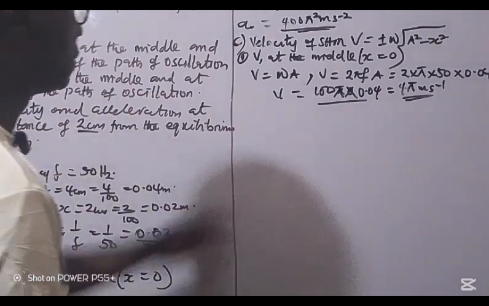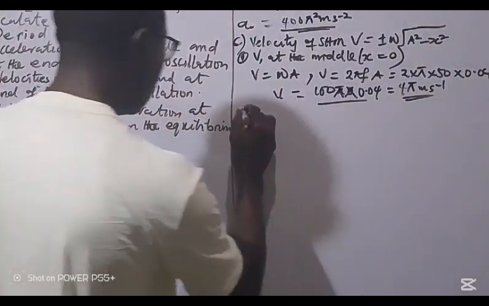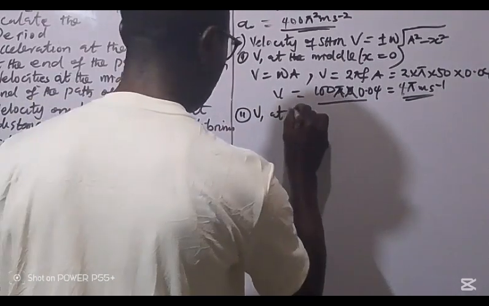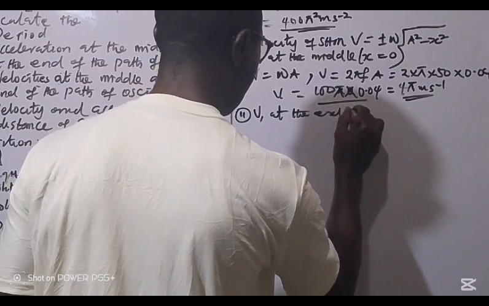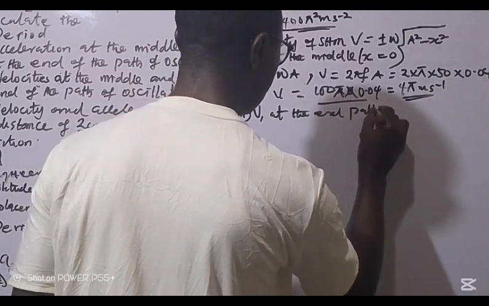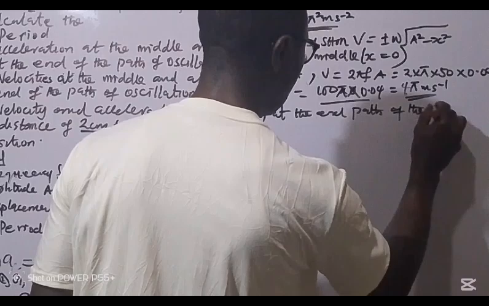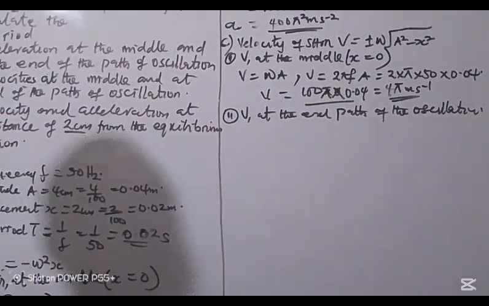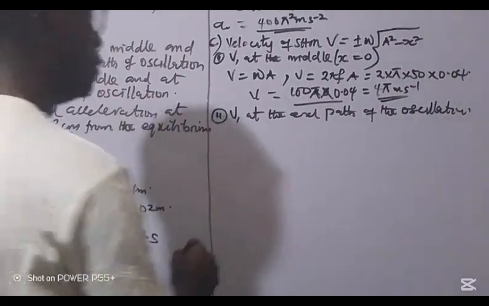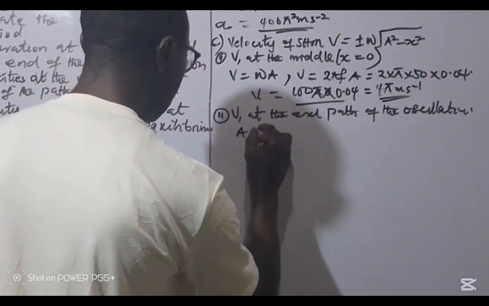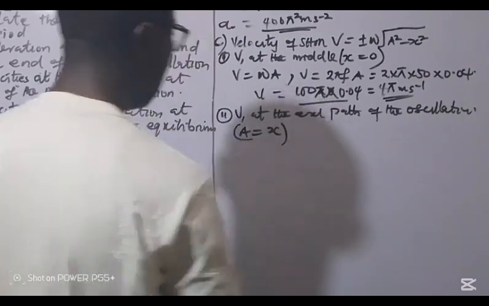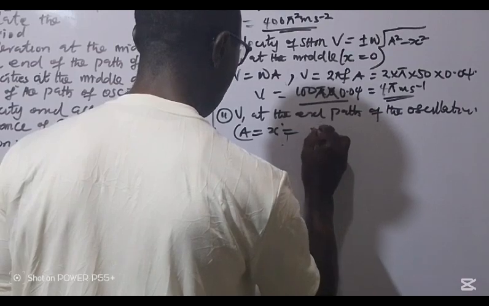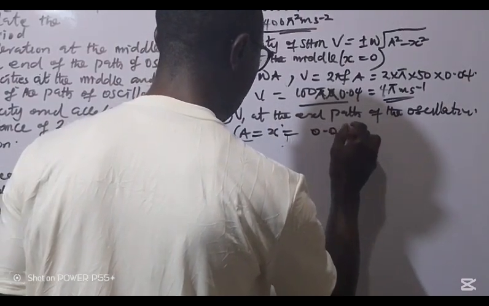Then C2, v at the end part of the oscillation. Don't forget again, at the end part of the oscillation, we said A must be equal to x. And if both are equal to 0.04, put it in this formula.